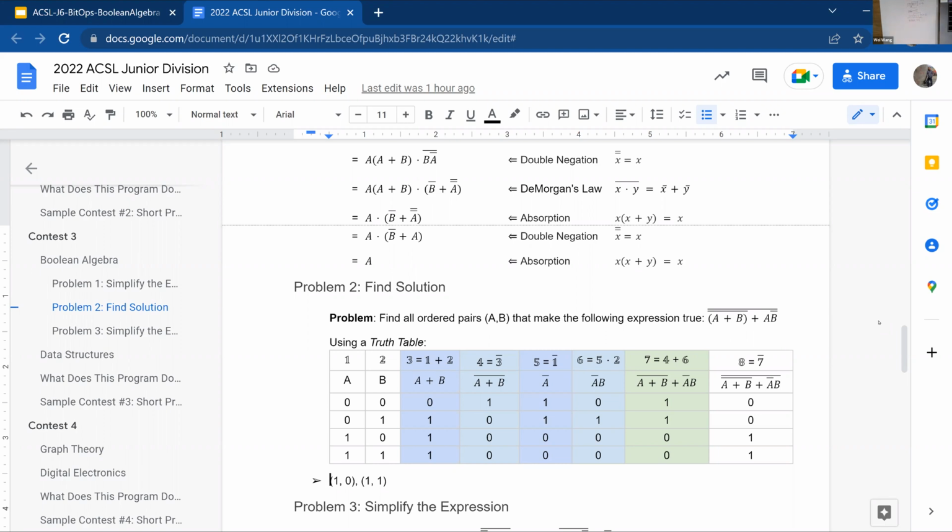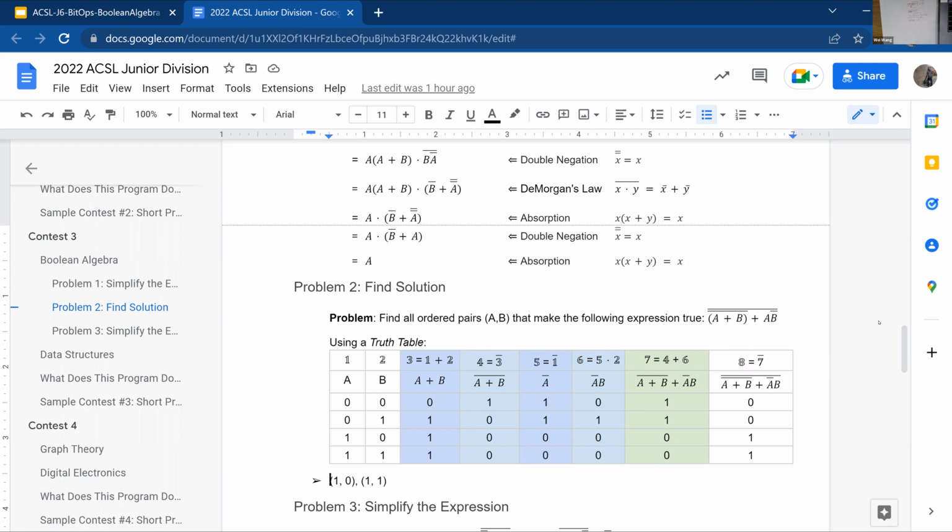But if you just use the truth table, this is how it works. These two columns are A and B. These are all the combinations of what A and B could possibly be, so there are 4 combinations: 0 0, 0 1, 1 0, 1 1.